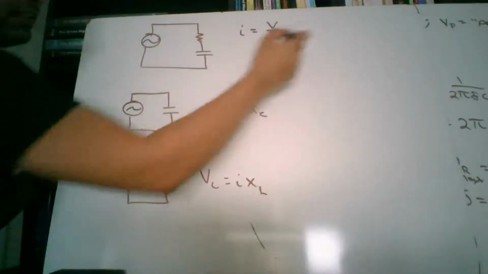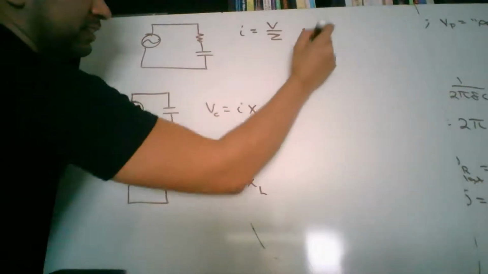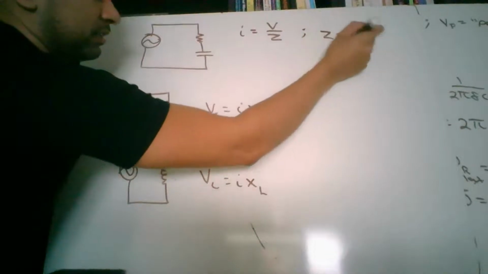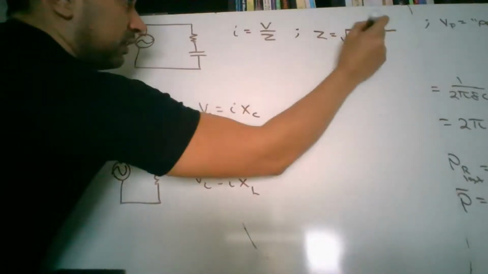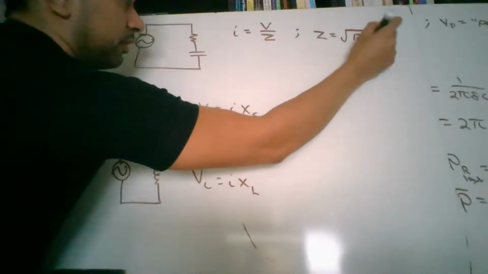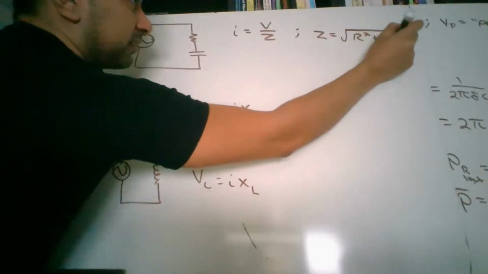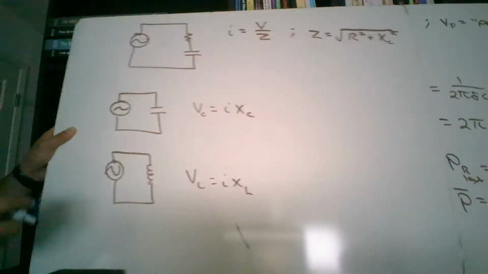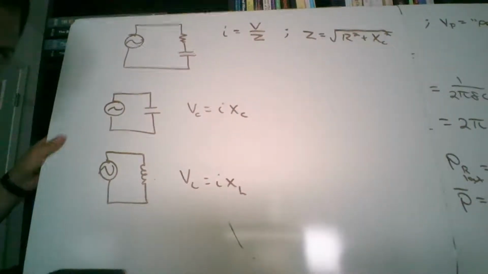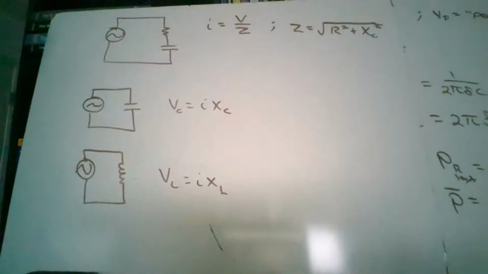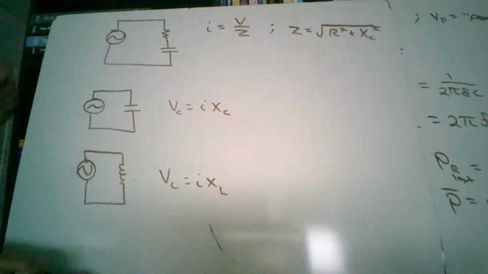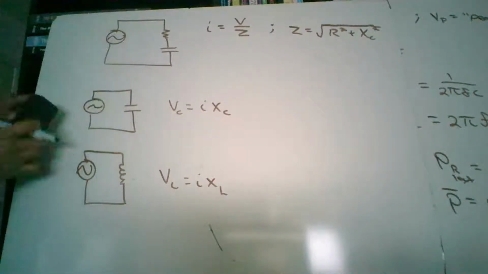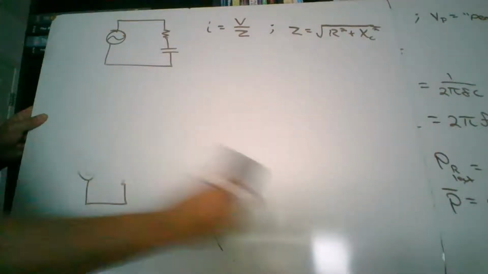And in this scenario, the impedance, Z, is going to equal the square root of R squared plus X of the capacitor squared. And that is the RC circuit with an AC power supply.